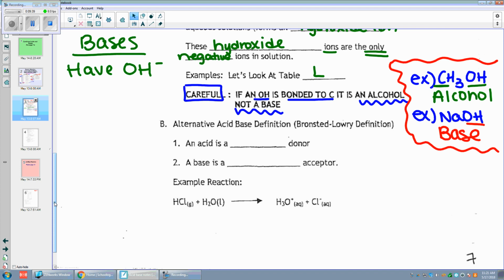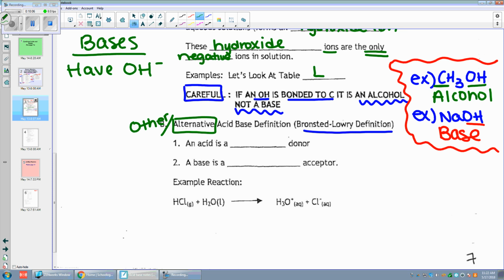Arrhenius says acids have H, bases have OH. That doesn't cover ammonia. So we have what's called the Bronsted-Lowry definition of acid-base. But very often, the Regents won't say Bronsted-Lowry, they'll say alternative, or they will say other. We'll just say it's the other one.